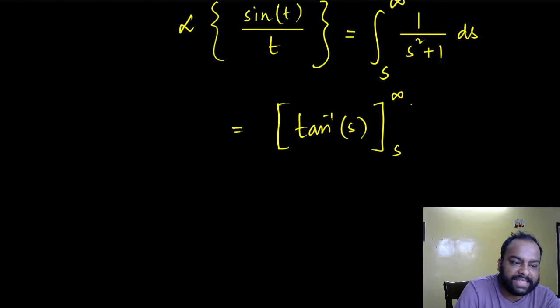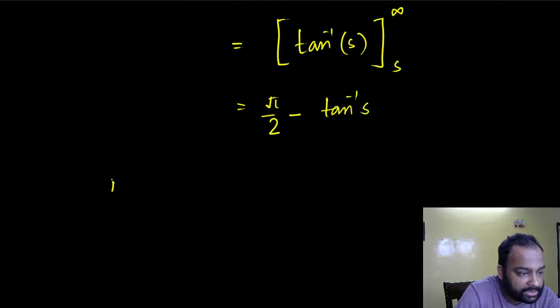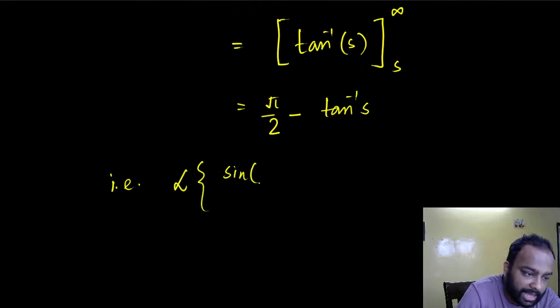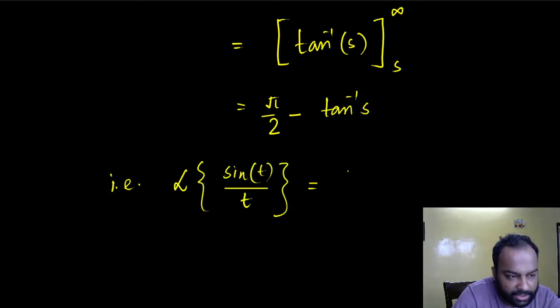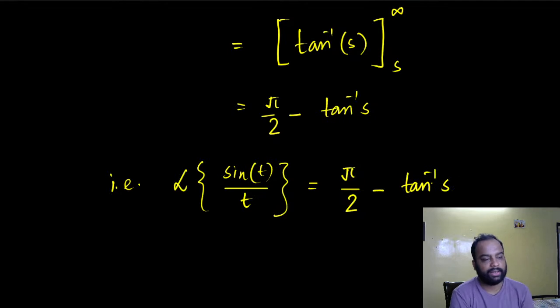Now if you put the upper limit, that's tan inverse infinity, which is pi by 2. So that's pi by 2 minus tan inverse s. So we just figured out the Laplace transform of sin t by t, which is the unnormalized sinc function, also known as the Sa function, the sampling function. That's the Laplace transform.